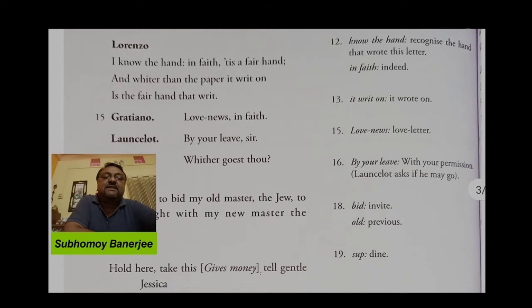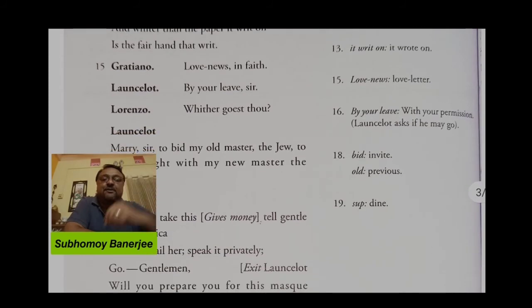Now Graciano says, "Love news in faith." Graciano is an outspoken person, we know very well. And the moment he sees Lorenzo praising so much, he can understand that this is a letter from the girl he loves. So he says, oh, so you have got a love letter, I see. And Lancelot says, "But by your leave, sir."